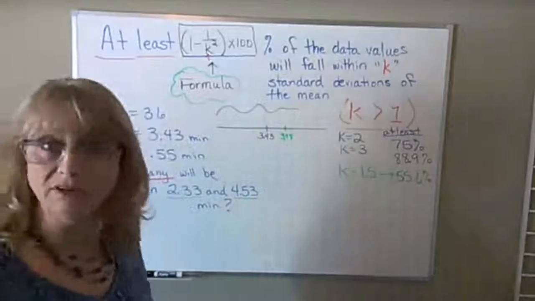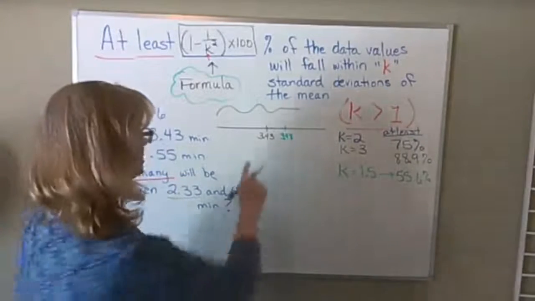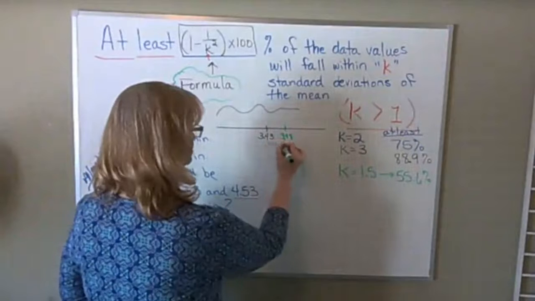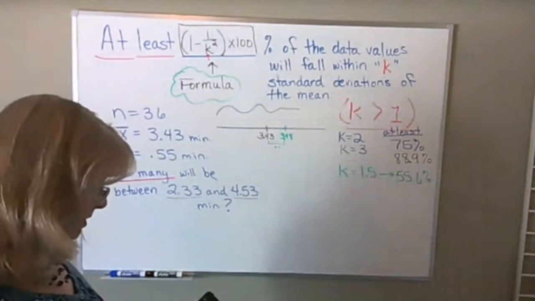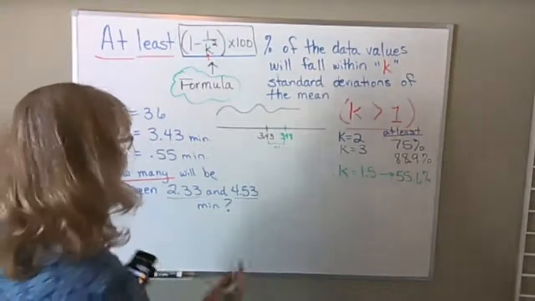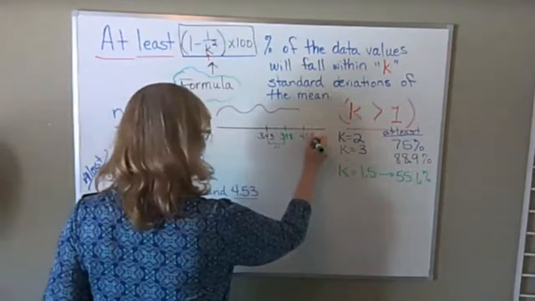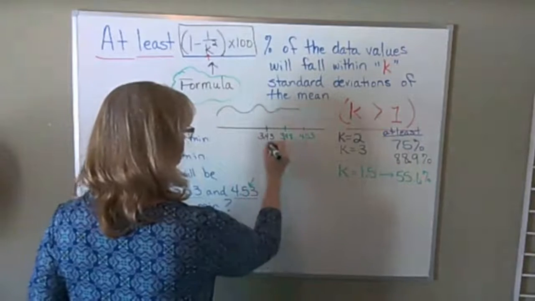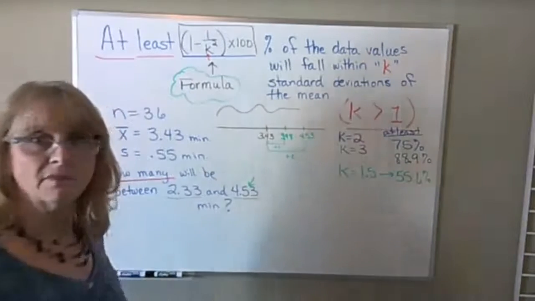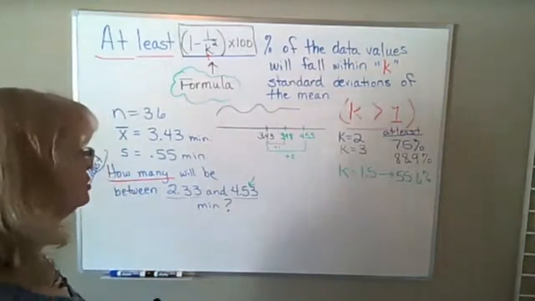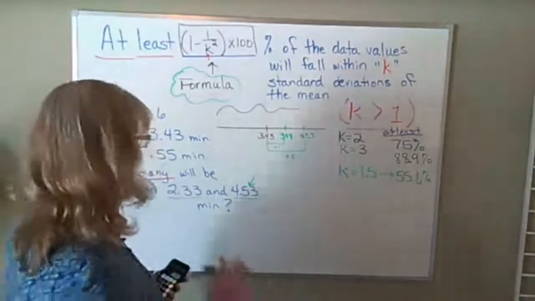That's plus 1 standard deviation. If I add 0.55 again, I get 4.53. Notice that's this number here, and I got that by adding 2 standard deviations. So possibly our K is 2, but let's double check.